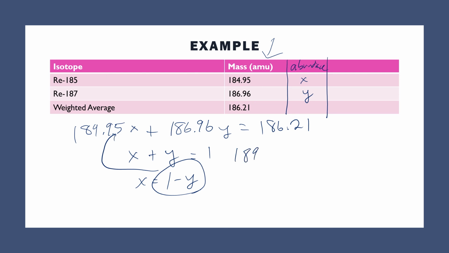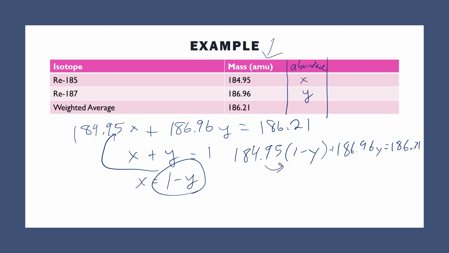So 184.95 times 1 minus Y plus 186.96Y equals 186.21.